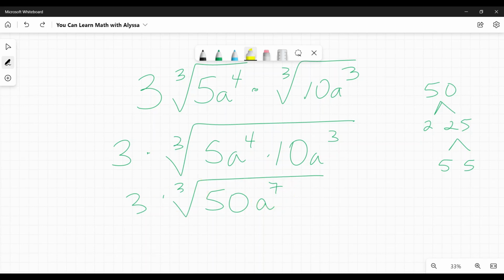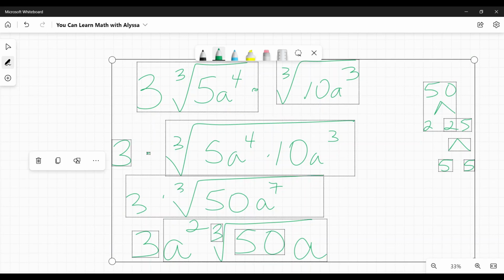Yes, it is. 3 goes into 7 2 times, so a to the power of 2 comes out, and I have a remainder of 1. So a to the power of 1, or a, stays in. And as I said, that 50 stays in. So our final answer is 3a squared times the, don't forget that cubed, cube root of 50a. And I've done it. There's no further simplification.